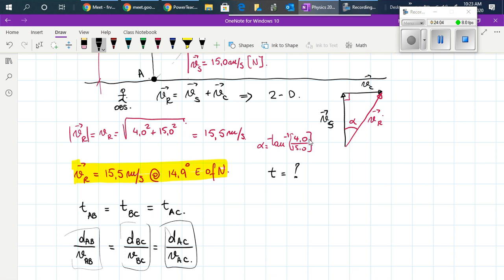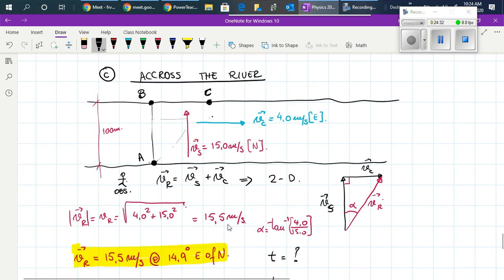So as long as you know displacement on AB and velocity on AB, then you use that. So the time that the swimmer will be swimming is the distance AB over the velocity in this direction. But the velocity in this direction is the velocity of the swimmer.